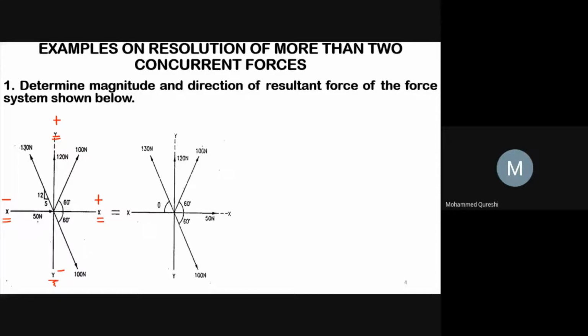Now this 50 Newton force is acting towards the object or towards the point. So this push force we are converting into pull force according to principle of transmissibility of forces. I have just modified this figure. Okay.